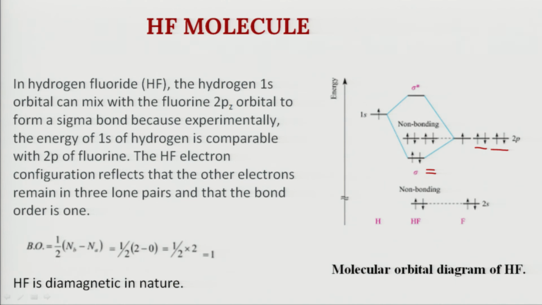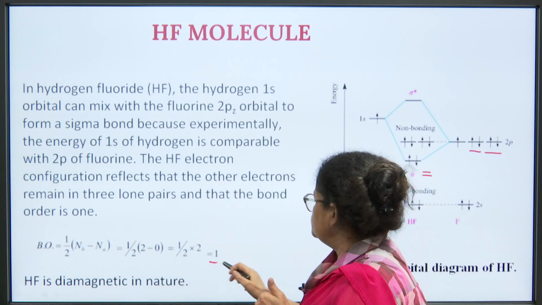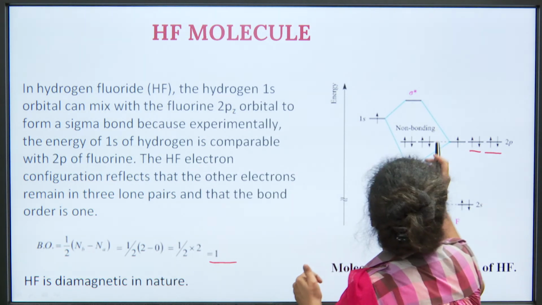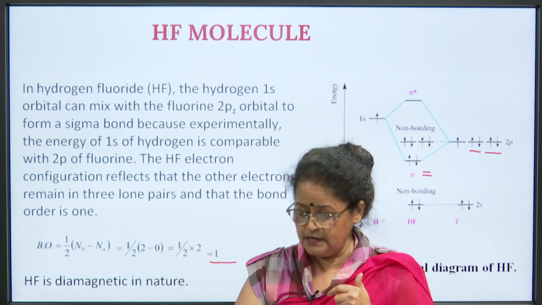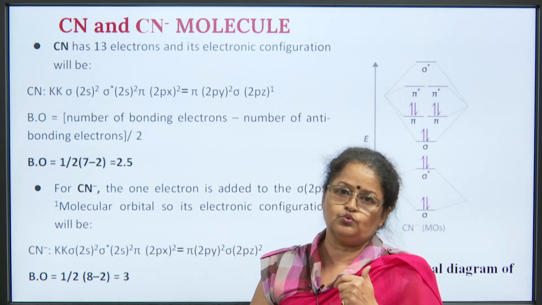In hydrogen fluoride, the hydrogen 1s orbital mixes with the fluorine 2pz orbital to form a sigma bond only, and the bond order is found to be 1. Since all the electrons are paired, this remains a diamagnetic molecule.